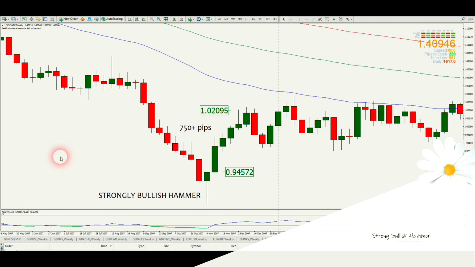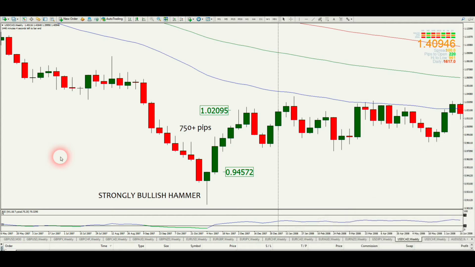All these charts I'm going to show you are weekly charts, but you get candle pattern formations on every time frame obviously. On this particular chart we can see a very strong determined bearish trend down to this point here, and on this candle the bears have opened this candle here, pushed the price down to here, but the bulls have now stepped in, they found support here, pushed the price back to the start again and pushed it past the open, and this candle has started and opened at the top of this candle here.